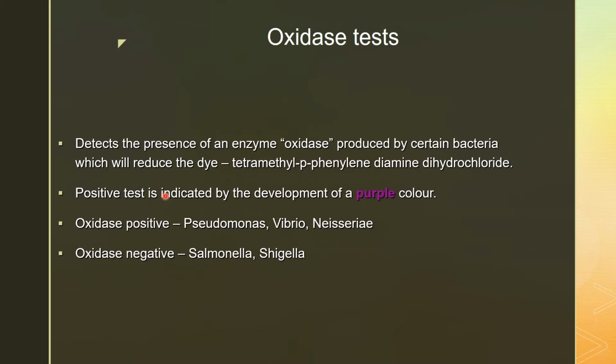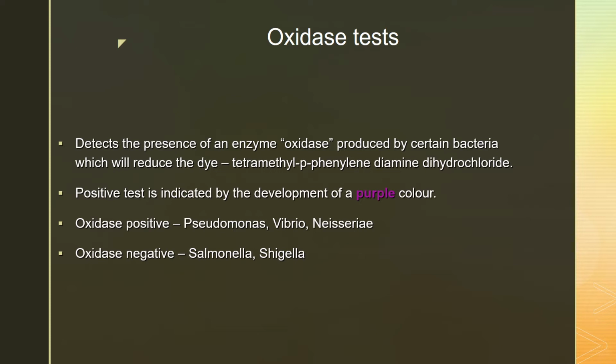In the positive test, there is a development of purple color which indicates the test is positive. So there are some organisms which give oxidase positive test and some give oxidase negative test. Pseudomonas, Vibrio cholerae and Neisseria species give positive oxidase test, and Salmonella and Shigella give oxidase negative test.